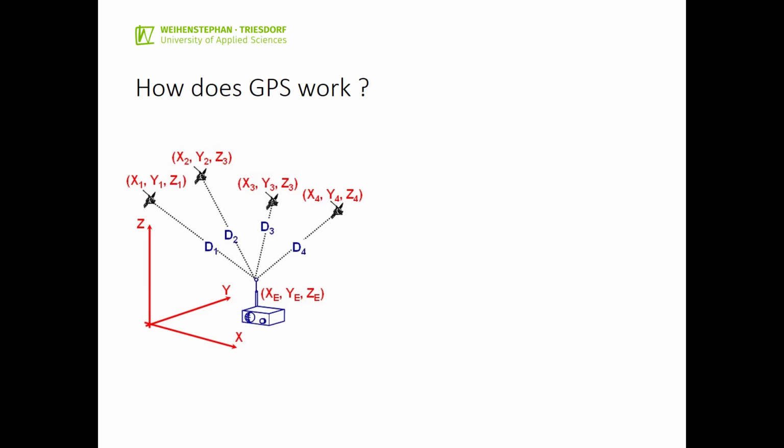These measurements also need corrections, atmospheric correction, etc. So it's quite a complicated algorithm that is behind these calculations. But with modern computer technology, it fits into smartphones, etc. today.